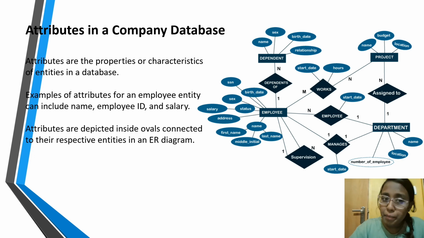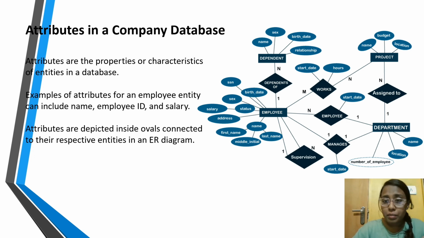Next one is the attributes in the company database. Attributes are the properties or the characteristics of entities in the database. In previous slides, we studied what the entities are. So these attributes are the properties of those entities in the database. For example, attributes of an employee entity can include name, employee ID, salary.